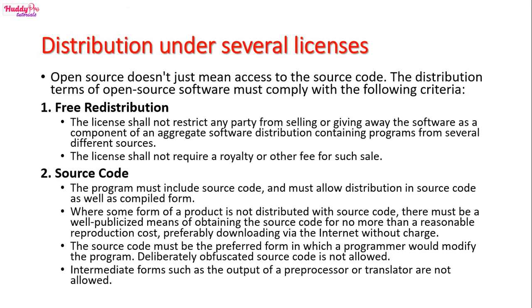And here again, when you have made the modification, still the source code must be part of the distribution. Deliberately obfuscated software code is not allowed. So if you deliberately write a code that is confusing or complicated, that's not allowed.